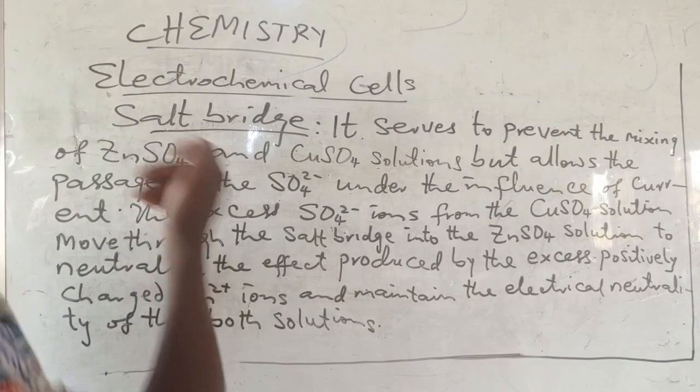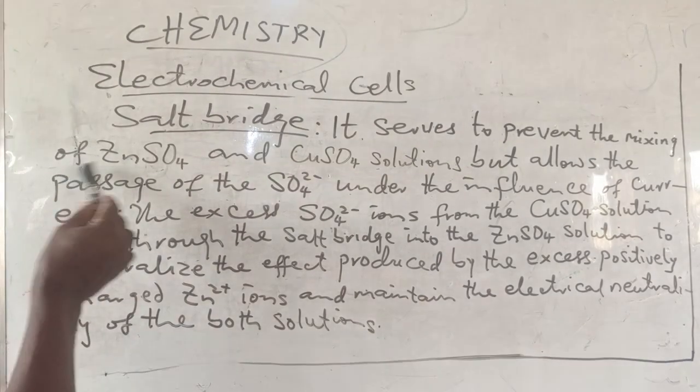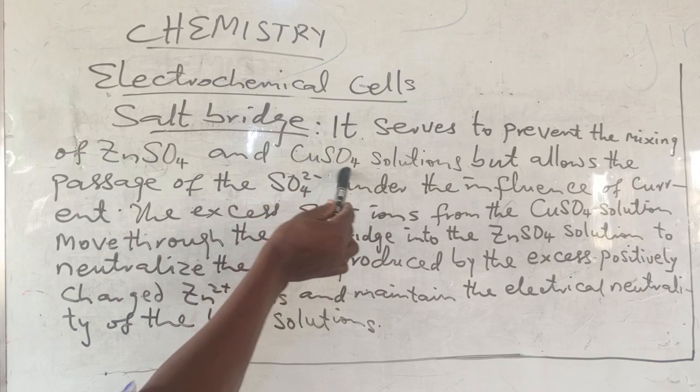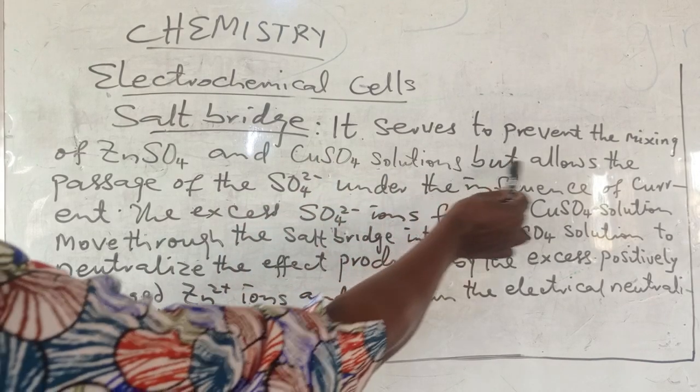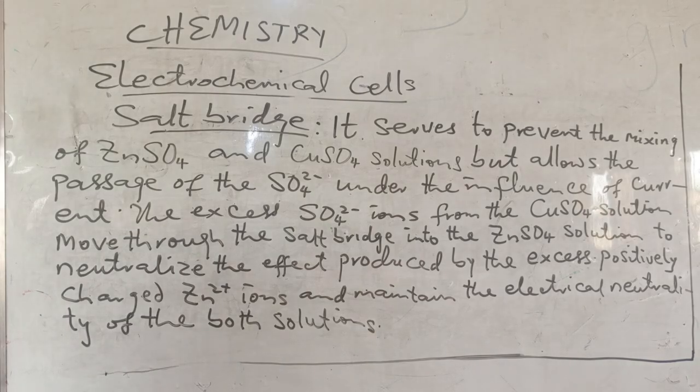Now let's see the salt bridge. It serves to prevent the mixing of zinc tetraoxosulfate 6 and copper 2 tetraoxosulfate 6 solutions, but allows the passage of this SO4 2 minus under the influence of current. I have explained all this. I just want you to recall.